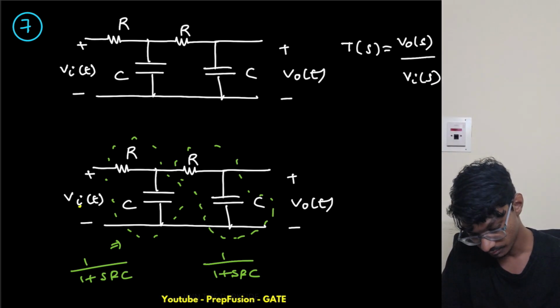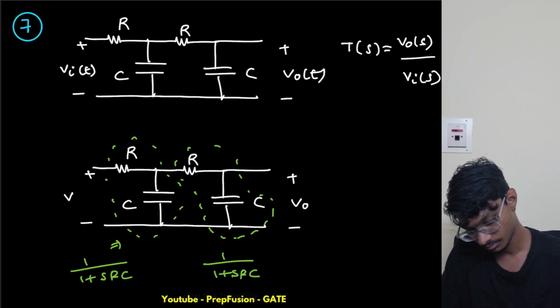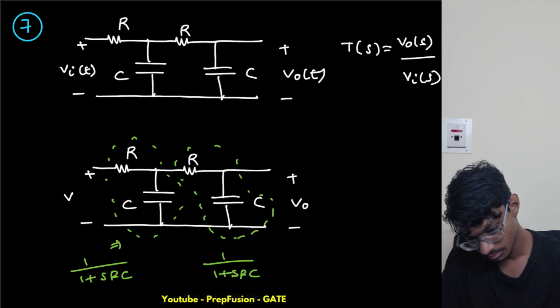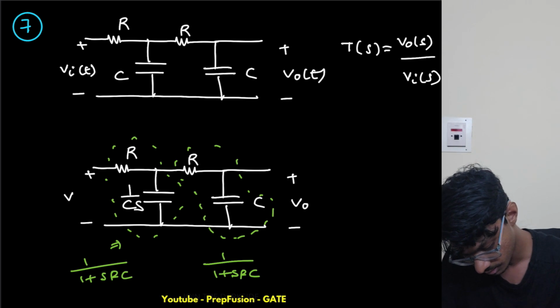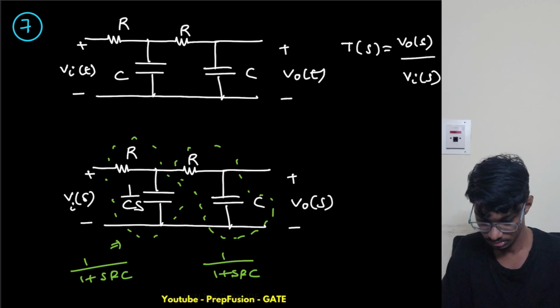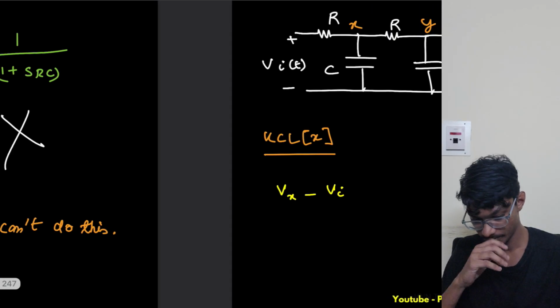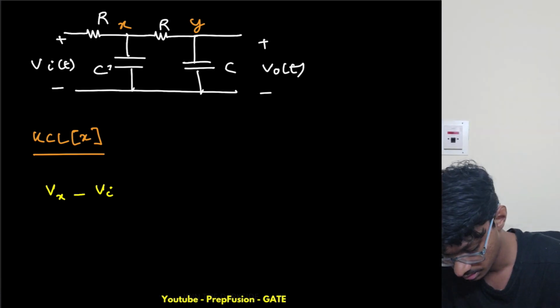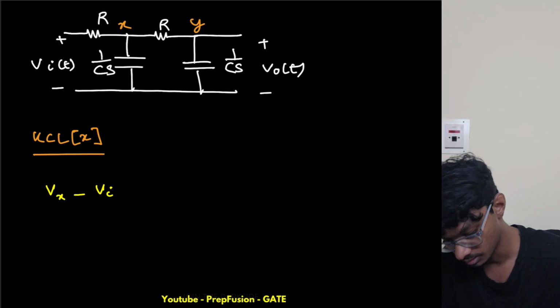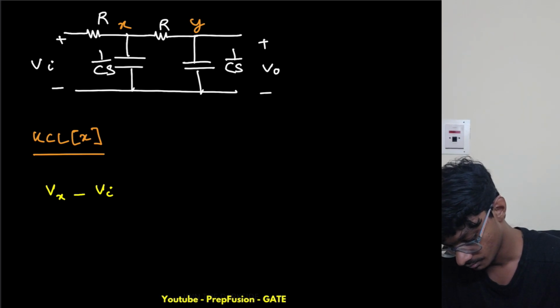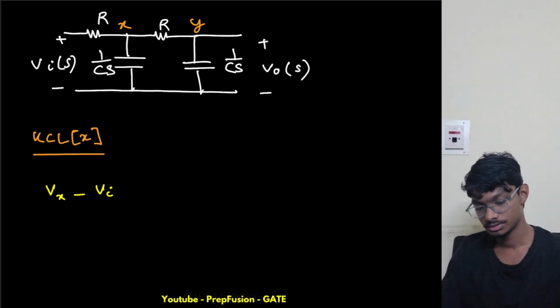So let me convert this into Laplace domain. This is Vi(s), this is Vo(s), okay.